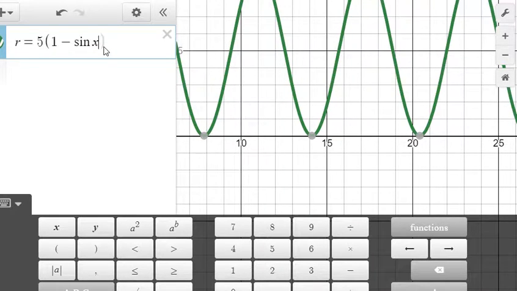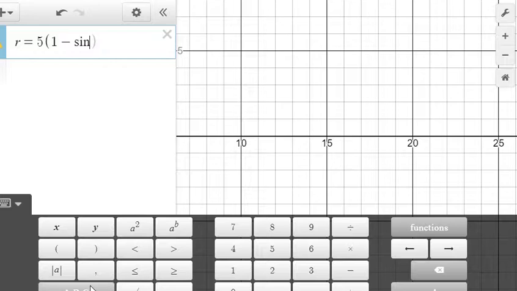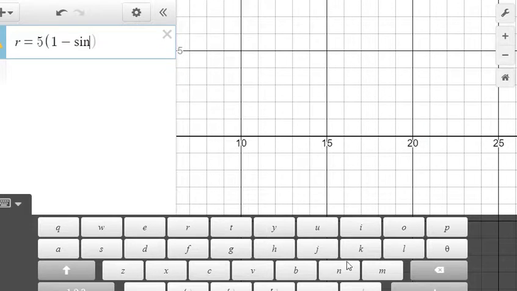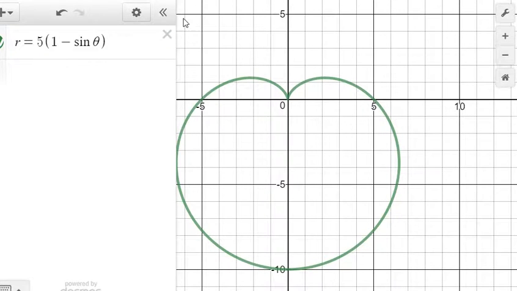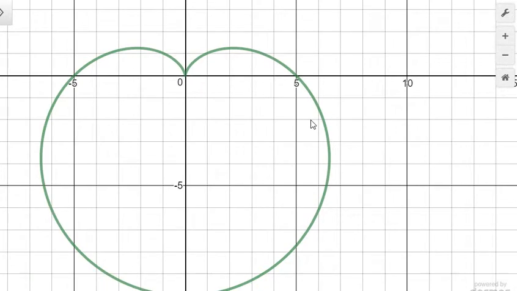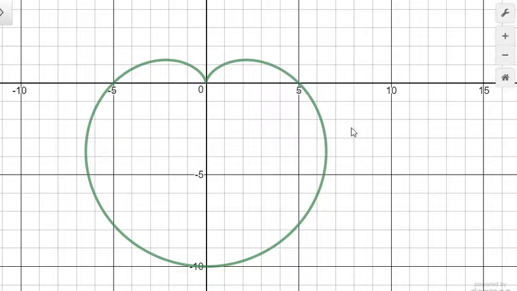No, sine of theta, sorry. Where's theta? Theta. There we go. So before I forget, happy Valentine's Day. Yay. And you thought math had no romance in it. All right. We'll see this a little bit later on. It's called a cardioid.